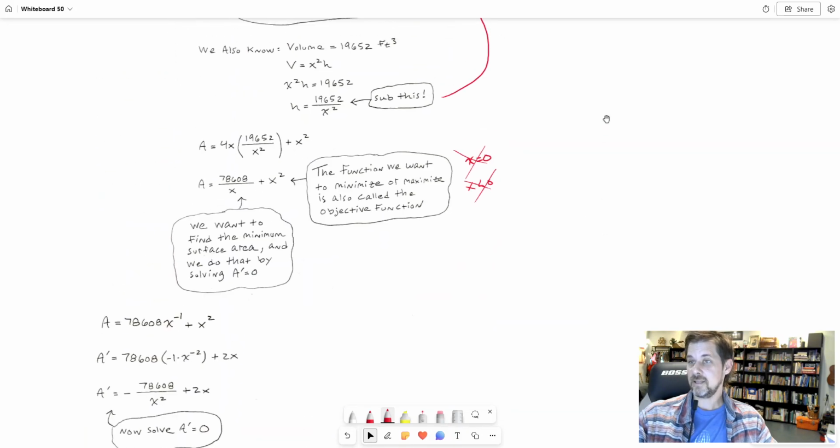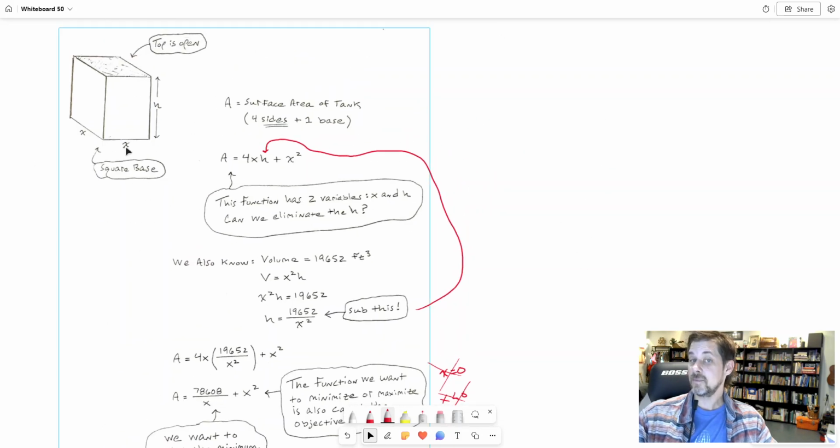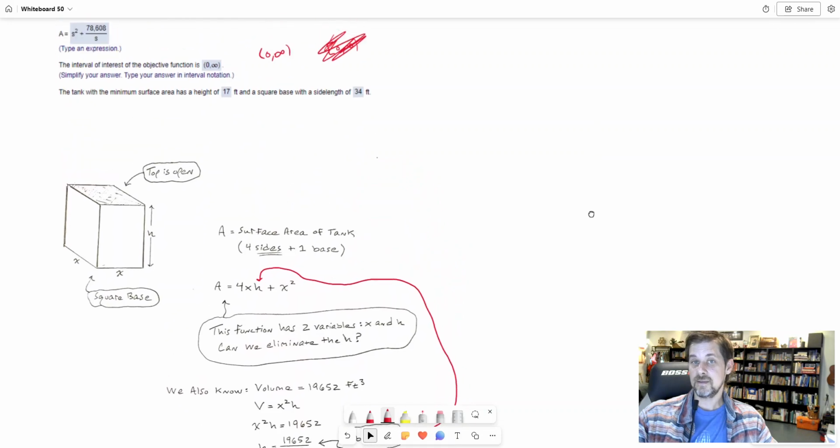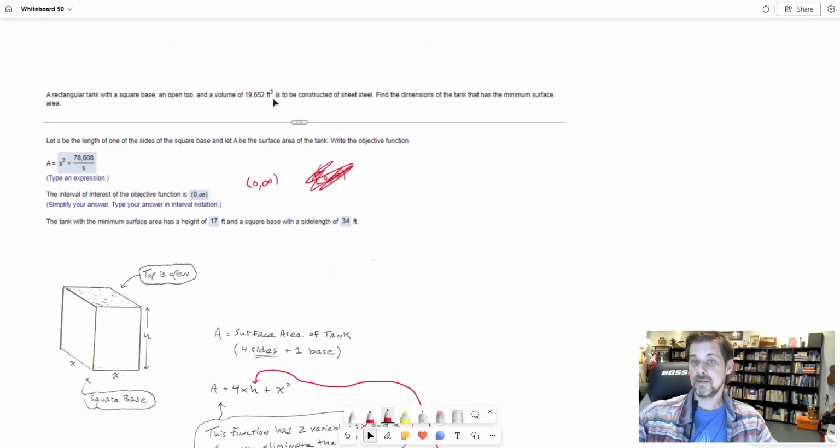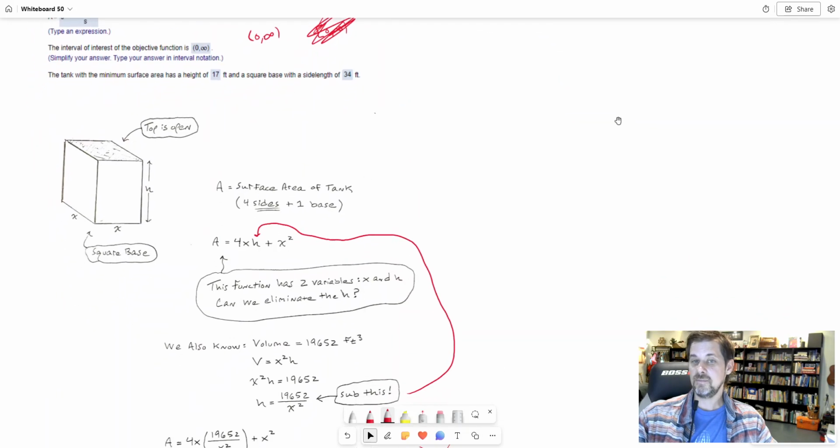So, all right, that's the most optimum way to make this with minimum surface area that uses the least amount of material, but still has the volume that we need, okay, is going to be 34 feet by 34 feet on the base. So that's why it says the square base with side length 34 feet.